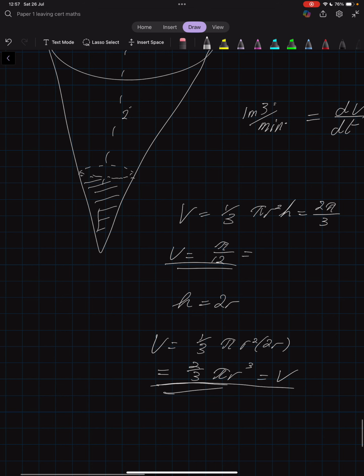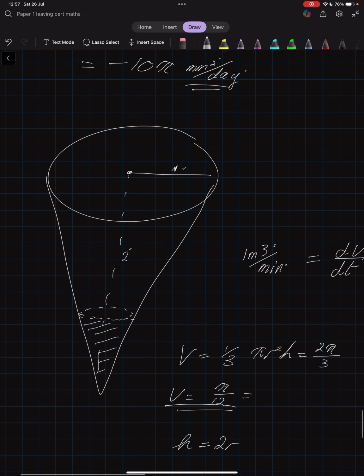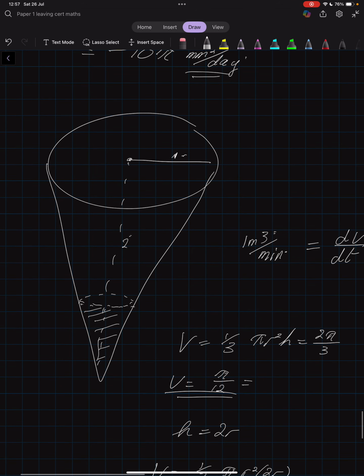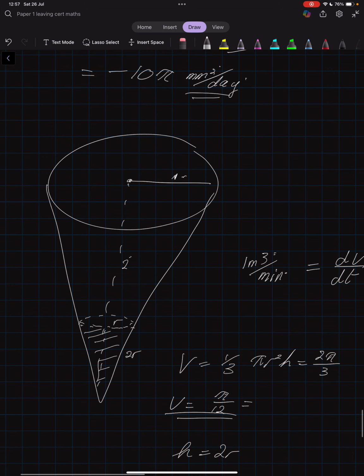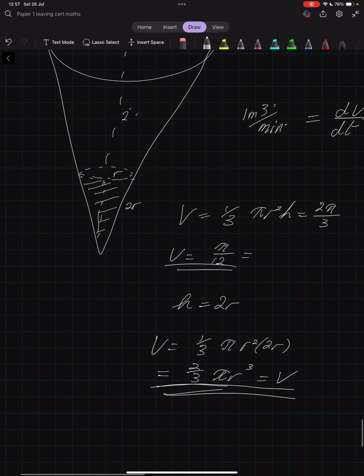It's always going to be this. Okay, so that's another thing to remember, that in this thing, it's r and then 2r. Why? Because it's basically similar triangles that you would have done in your junior cert. Therefore I can say that if this is 1 and this is 2, then it's double, and therefore it'll be double here as well. Okay, so that's that.